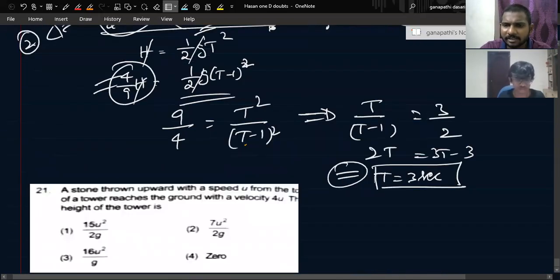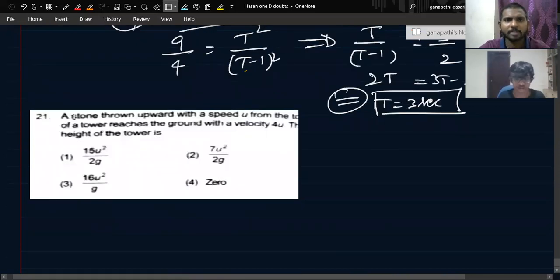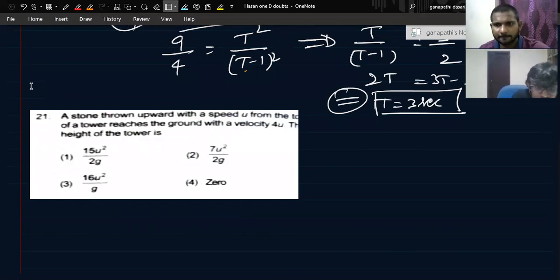This is the last question of the section. I hope you can solve this question. This is a simple question.